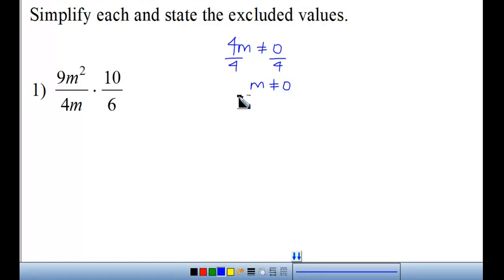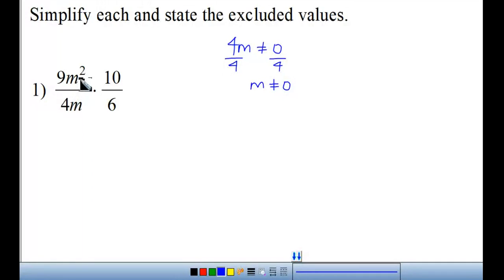After you've determined what your excluded values are going to be, then I want you to go back and look for things that can reduce or cancel. You're allowed to cancel and reduce top to bottom. This also includes diagonally. When it comes to variables, remember that these exponents tell you how many you have of each of these variables.